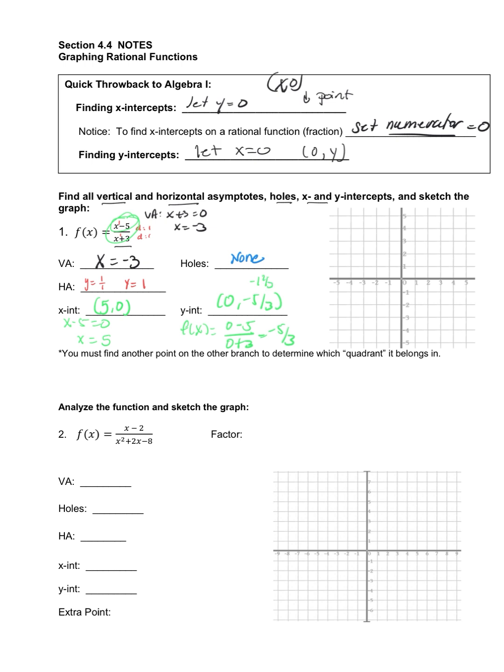Okay, so let's graph it. Usually graph your asymptotes first, because you can see where the graph should be going. So we have an asymptote at x equals negative 3, and another asymptote at y equals 1.